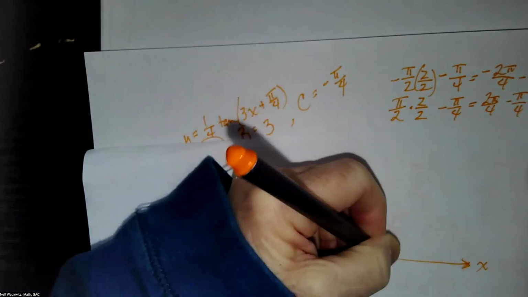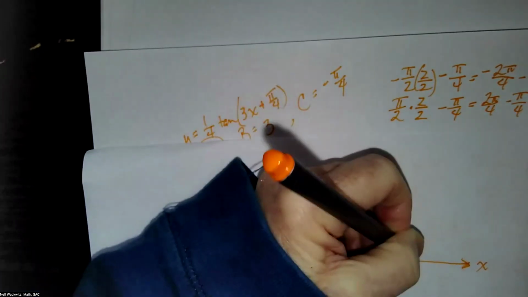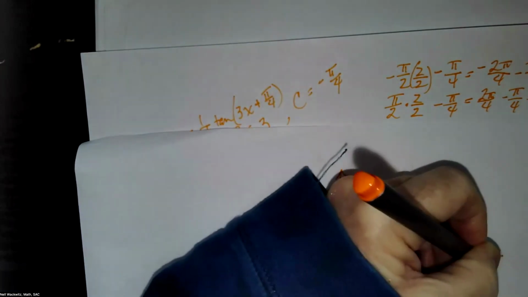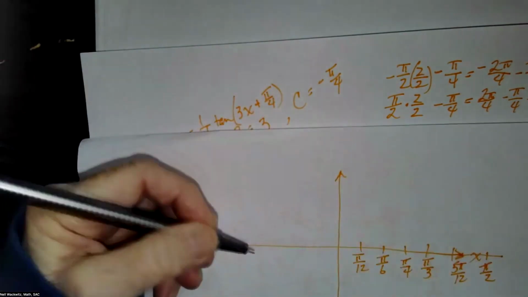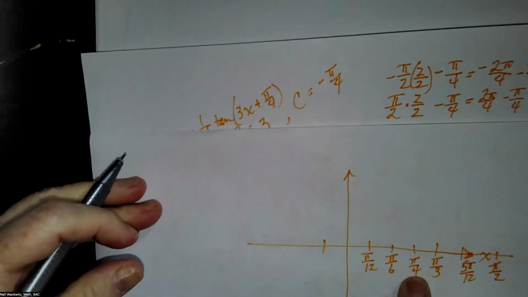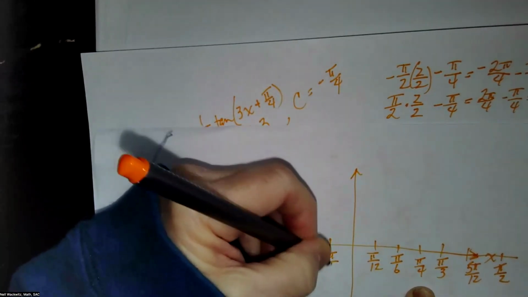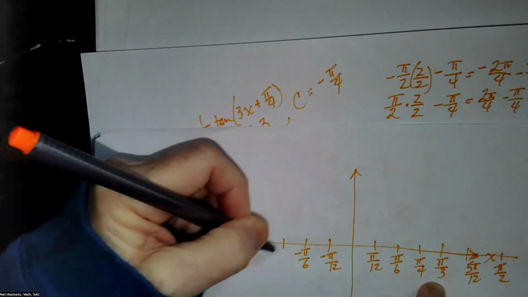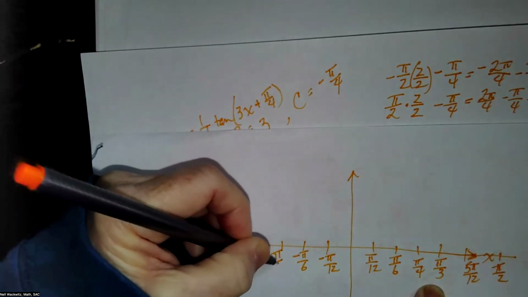So pi over 12, pi over 6, pi over 4, pi over 3, 5 pi over 12, and pi over 2. In the other direction, I'm just going to go as far as the negative pi over 4. So negative pi over 12, negative pi over 6, negative pi over 4.